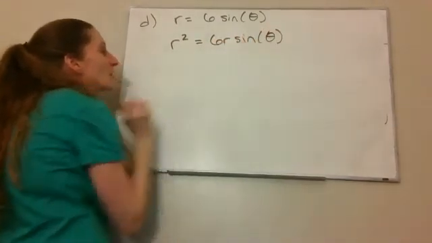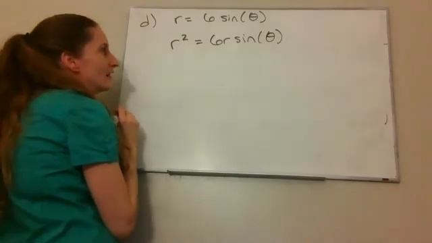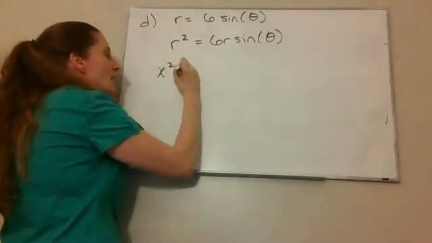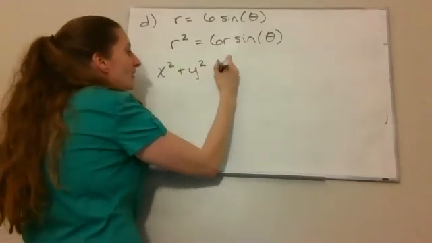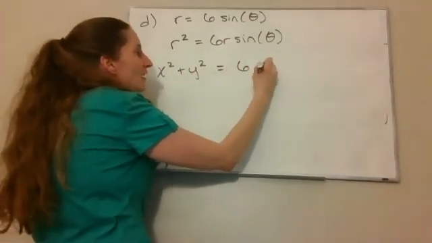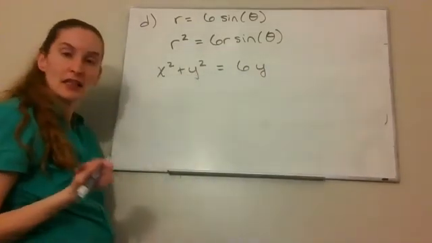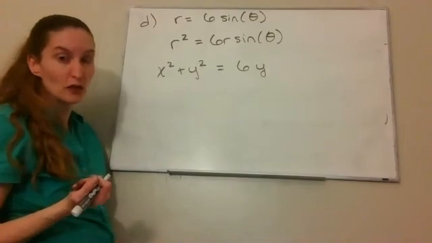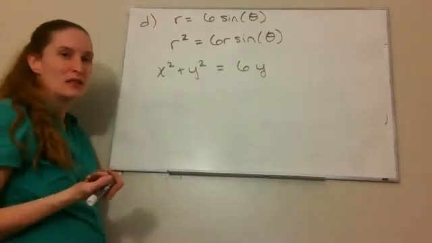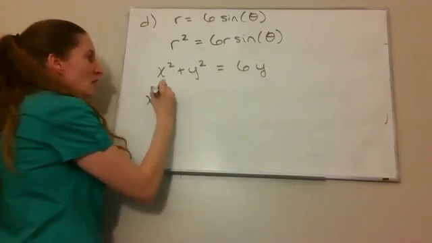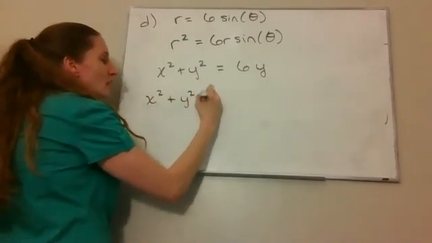So now I get r squared equals 6r sine theta, and this I can work with because r squared is x squared plus y squared, and r sine theta is y. And technically, this is already a Cartesian equation, and it is a correct answer. But what does this equation actually look like when we graph it? Well, I could move that 6y to the other side.